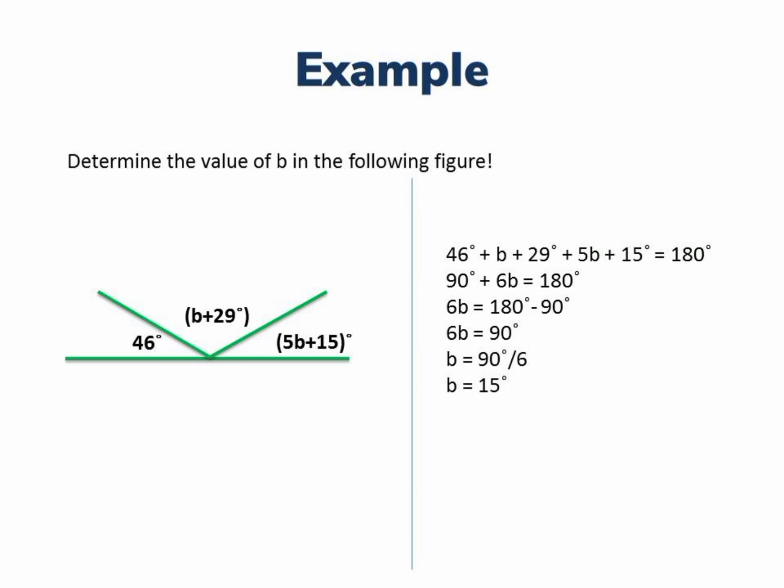Next, 90 degrees plus 6B equals 180 degrees. The next, 6B equals 180 degrees minus 90 degrees, and 6B equals 90 degrees, and B equals 90 degrees over 6, and B is equal to 15 degrees. So we have the value of B is 15 degrees.